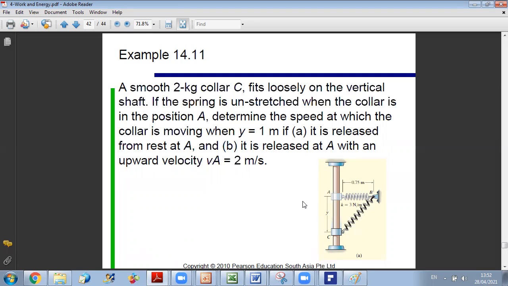So here also, the first step is to draw the free body diagram of forces to see if we can apply conservation of mechanical energy, or if we can apply just work and energy.